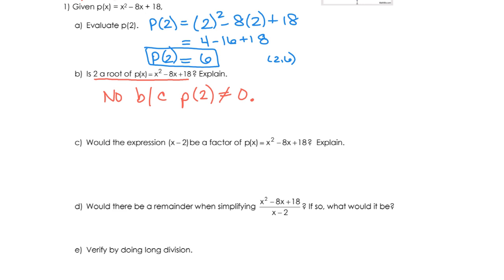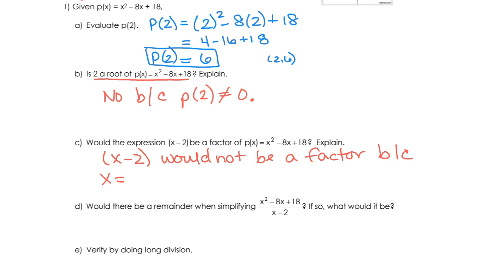And so we're going to go ahead and say that x minus 2 would not be a factor because x equals 2 is not a root, because p of 2 doesn't equal 0. All right, so hopefully that makes sense.